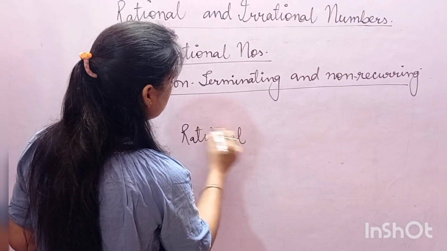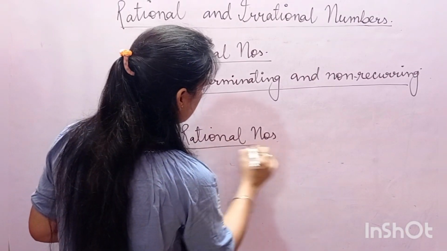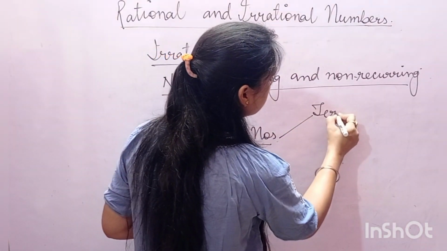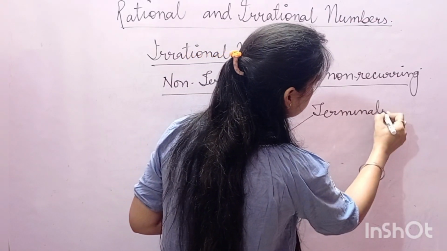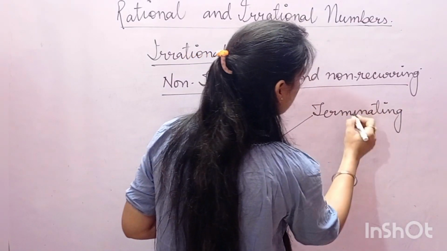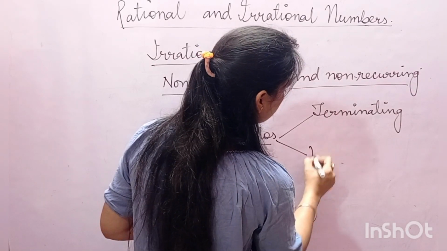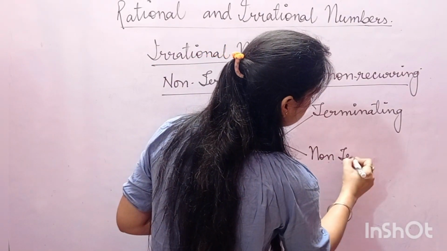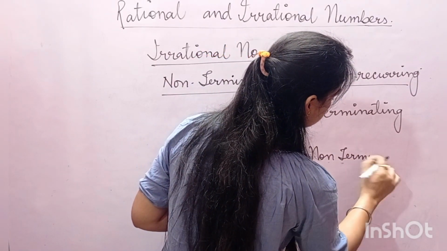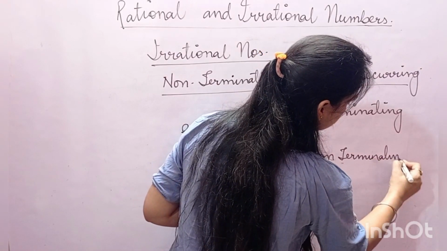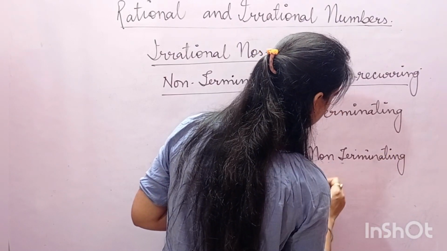And rational numbers, very easy to understand, I have explained. Rational numbers are terminating, or we can say non-terminating and recurring.